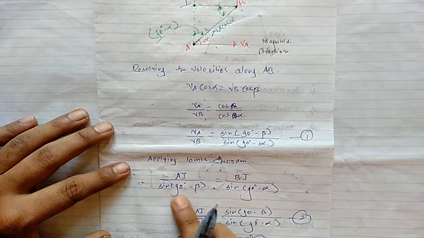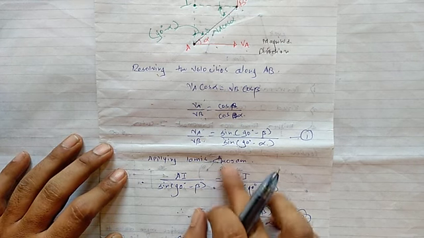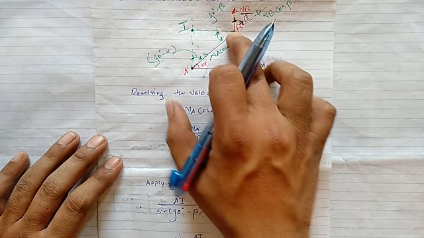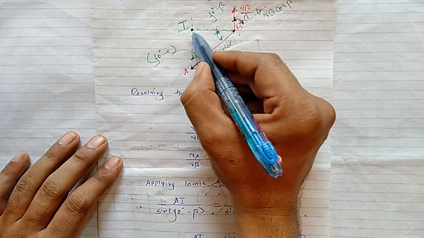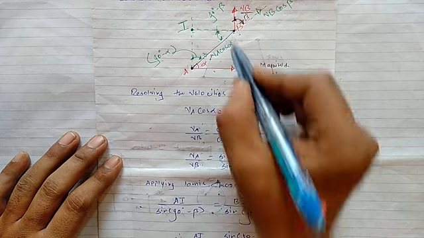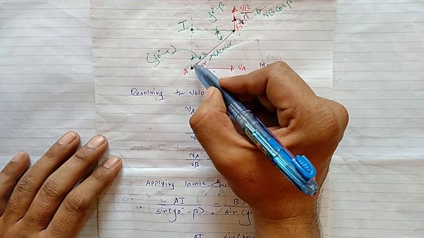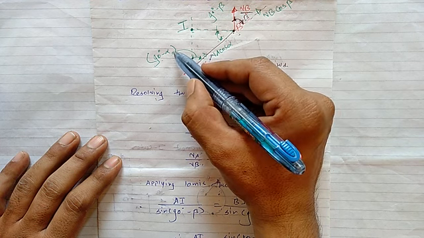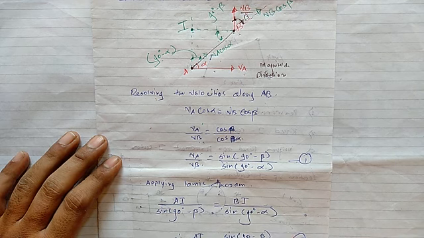So AI upon sine(90-degree minus beta) is equal to, next, similarly in this triangle, once again you have to consider the edge BI. Here is point B, and here is I. This edge has the opposite angle this, and this angle carries 90-degree minus alpha. Therefore BI upon sine(90-degree minus alpha).